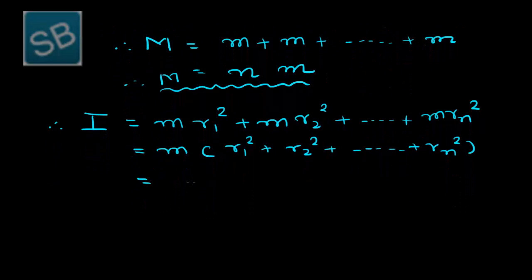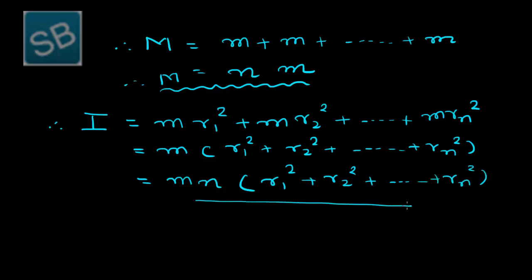Here I am multiplying the numerator by n and dividing by n. So my equation will be m n times r1 square plus r2 square plus so on rn square, divided by n.